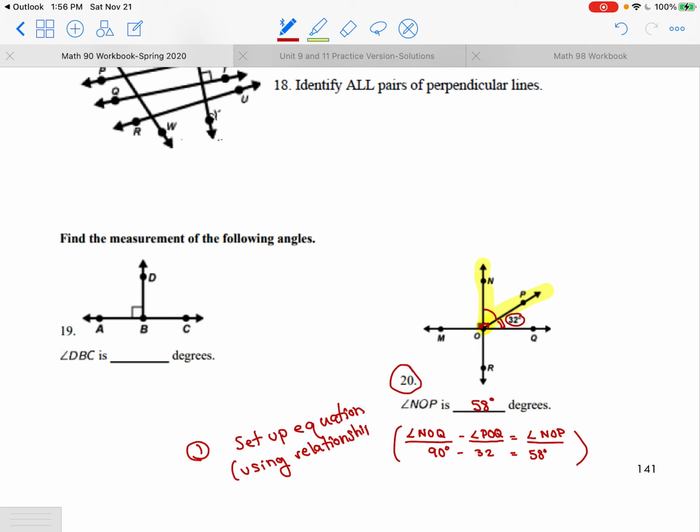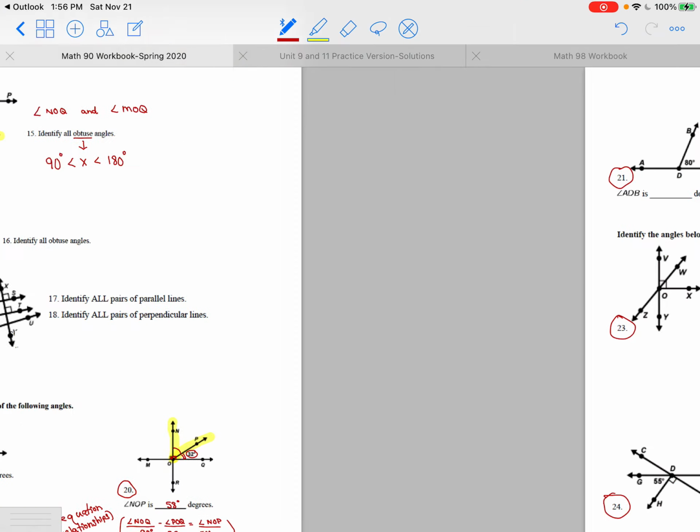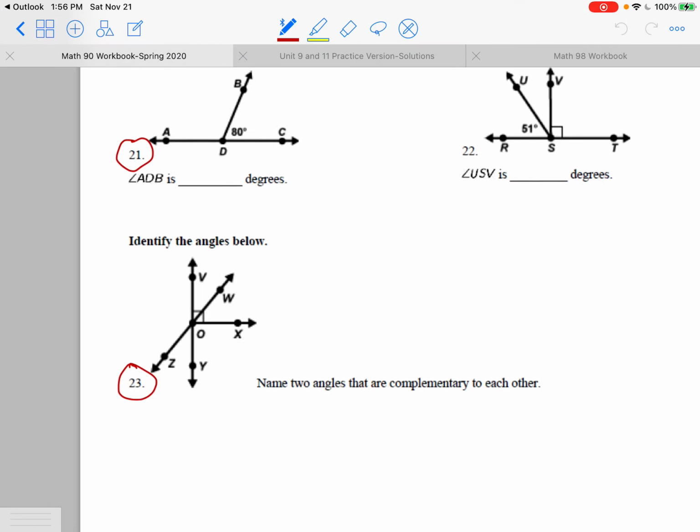Get used to that word, because we'll be talking about geometry identities a lot in Unit 7. So we set up our equation, and then we solve for the missing angle measure. That's what's going through our brains as we approach these problems. Maybe we're not attacking them.